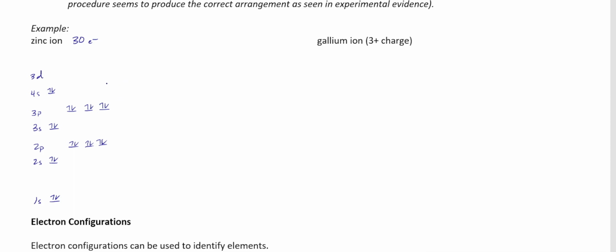Remember, we fill 4s before we fill 3d because 4s has slightly lower energy. And so when I fill up 3d, I fill it up entirely because that is 30 electrons, and that's for my neutral atom.